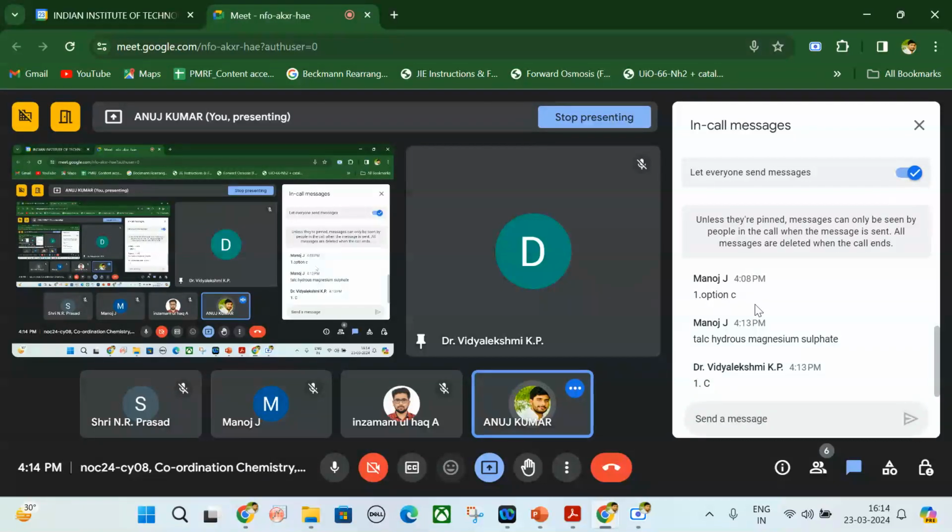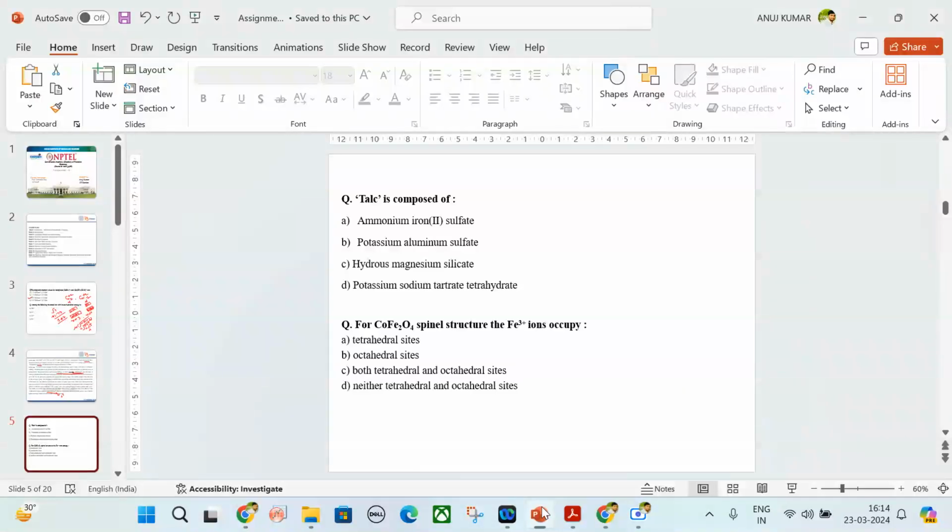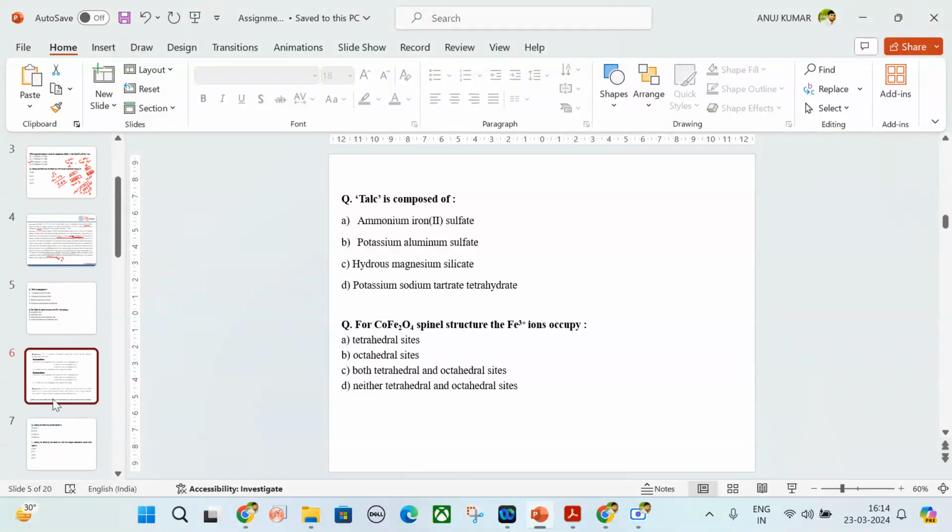Okay, talc is hydrous magnesium sulfate. It is not sulfate actually, it is silicate, right?